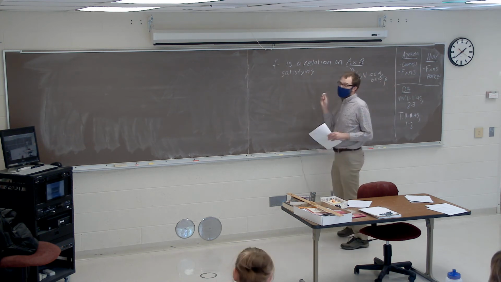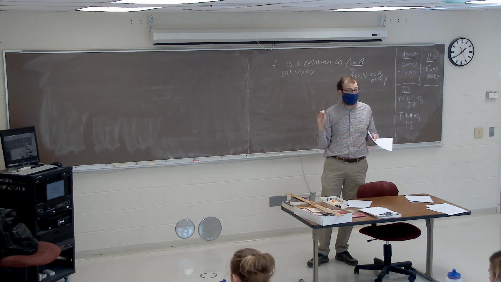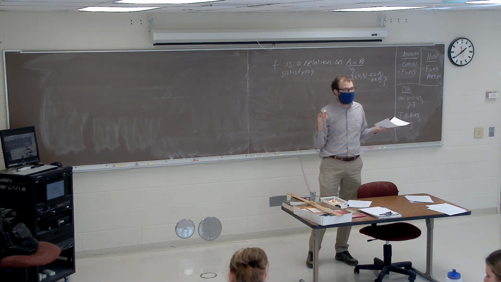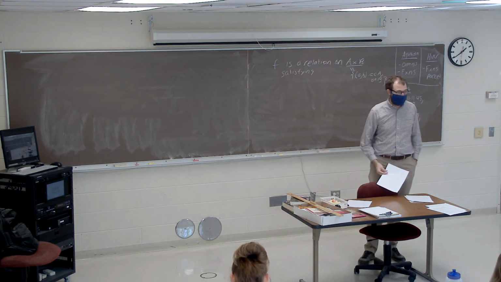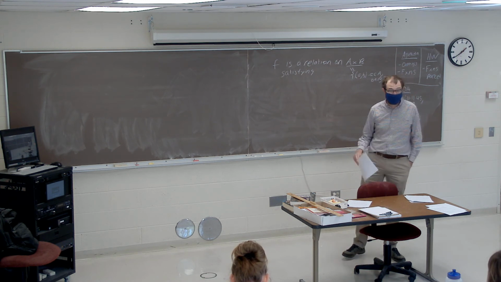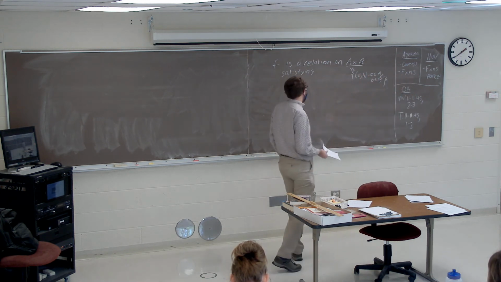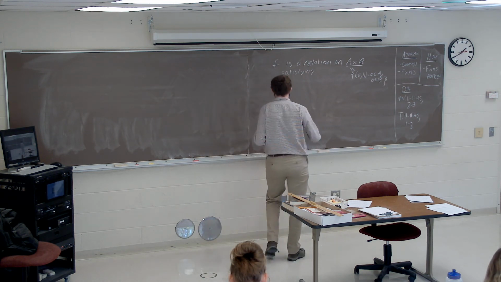And we want a relation on this, where if you recall, we originally defined a relation to just be a subset of the Cartesian product of a set with itself. Now we're expanding our minds and allowing it to have two different sets, where you can think of A as being the set of inputs and B as being the set of outputs.